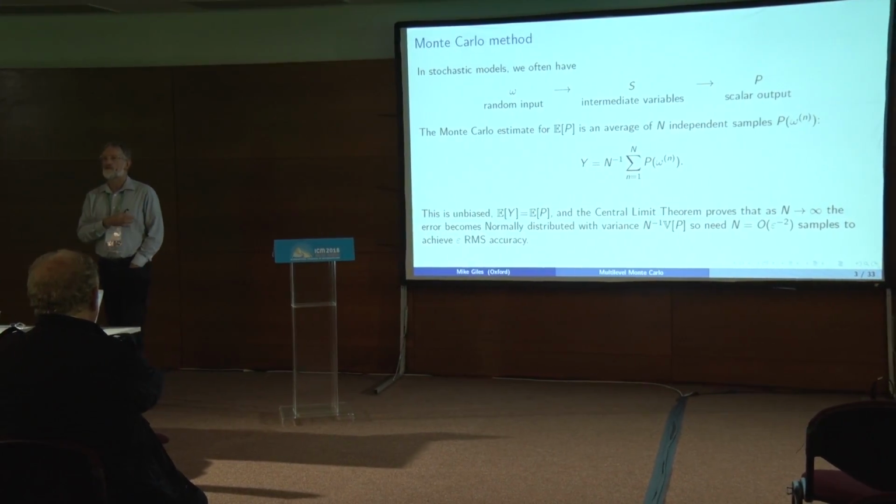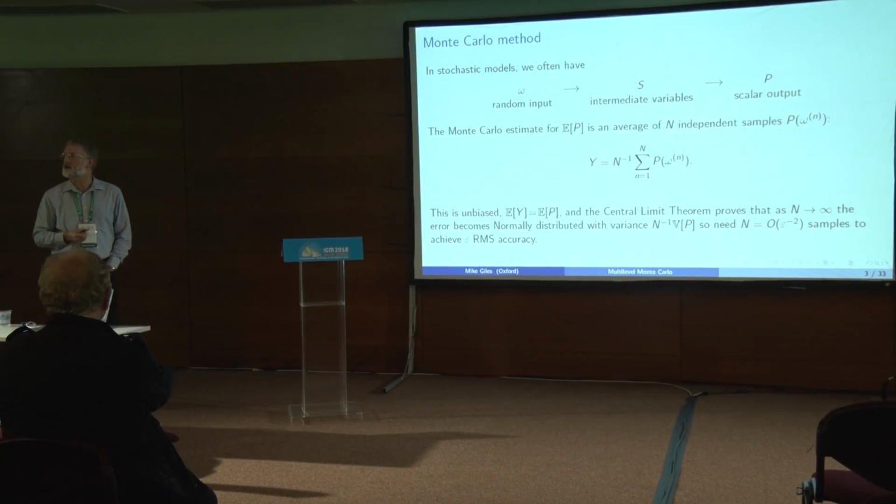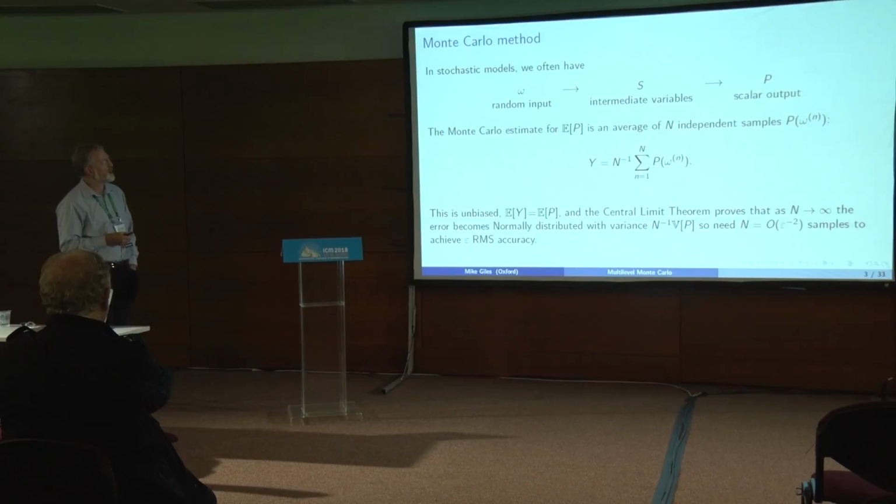OK, so we're looking in the context here of stochastic simulation and uncertainty quantification. And so in stochastic models, we have some input randomness, I represent as omega.